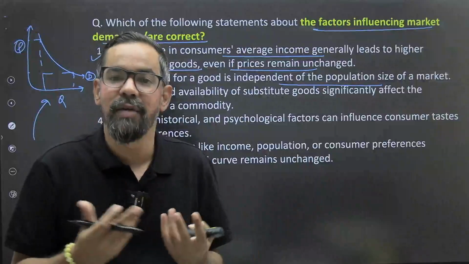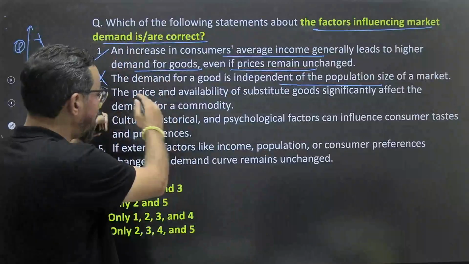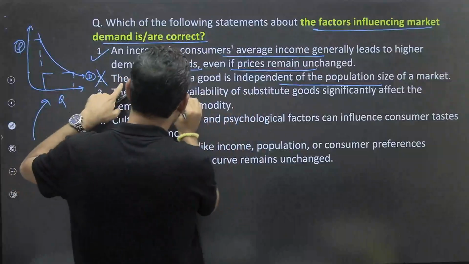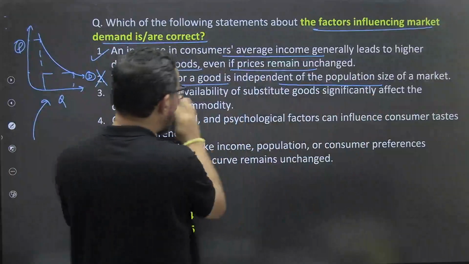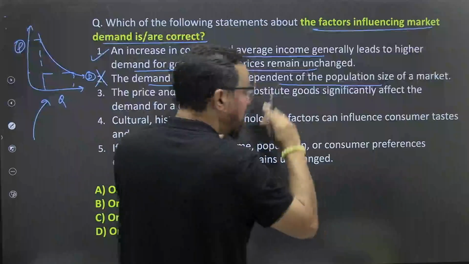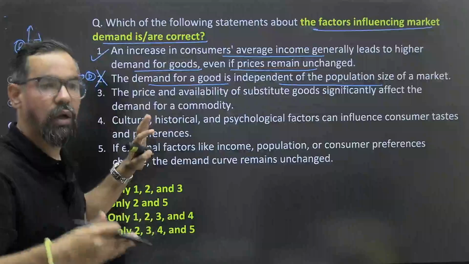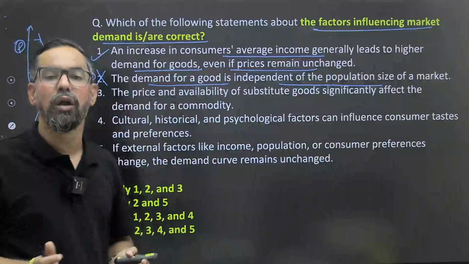They also have basic needs and wants, so they'll create some sort of demand. The statement says there is no relation between demand for goods and population. No, they do have a relation. If there is high population, high demand will be there, like in an economy like India, right?